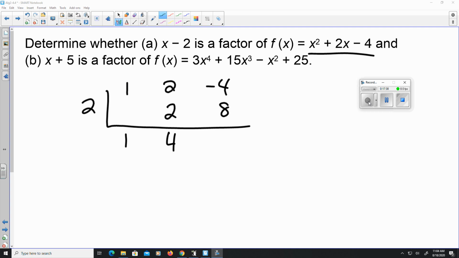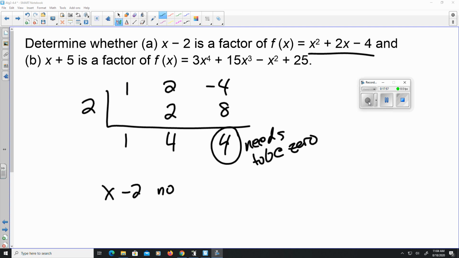Negative 4 plus 8 is 4. So I have a remainder of 4. It needs to be 0. Since it's not 0, that means that x minus 2 is not a factor. So x minus 2, not a factor.